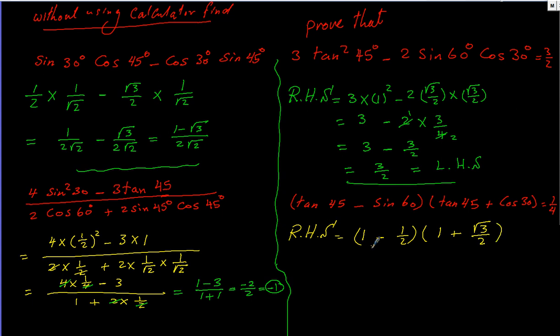It's like the factorization of the difference between two squares. So it's going to be 1 squared minus root 3 over 2 squared, equals 1 minus 3 over 4, equals 1 over 4, which equals the right hand side.